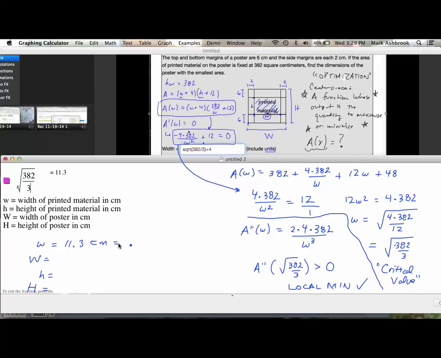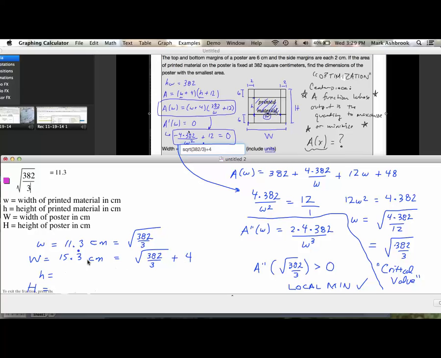And let's keep track of where that came from: again, that's the square root of 382 over 3. Okay, the big W then would be 11.3 plus the margin, the 2 margin over here and the 2 margin over here, so we're going to add 4. So it's going to be 15.3. Again, as an exact expression, that's the radical 382 over 3 plus 4.